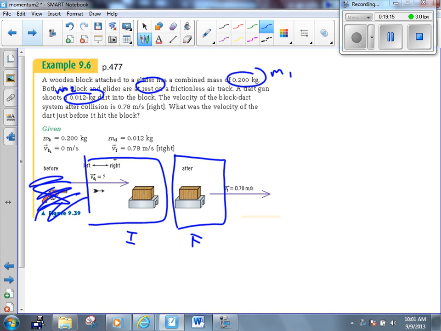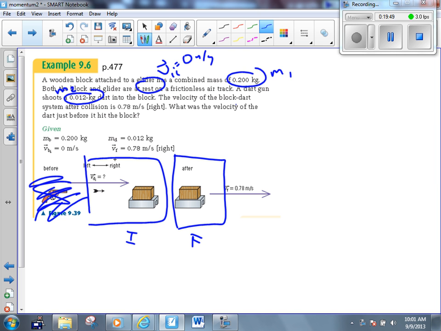Some velocity is zero. I want you to tell me which velocity that is. First of all, is it v1 or is it v2? Is it the velocity of the dart or the velocity of the block? Good, it's the block. So we're going to call that v1i: the velocity of the block before. So v1i equals 0.